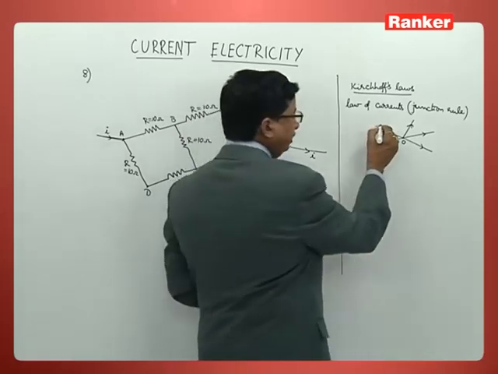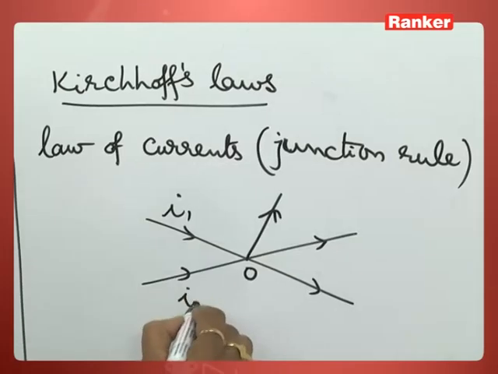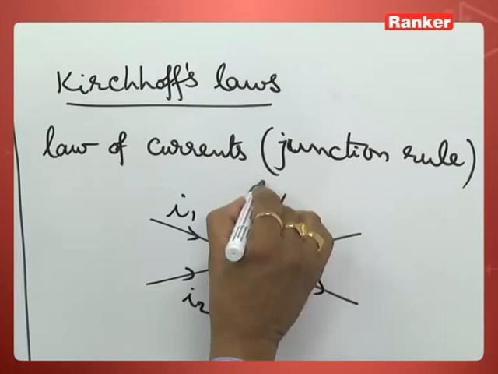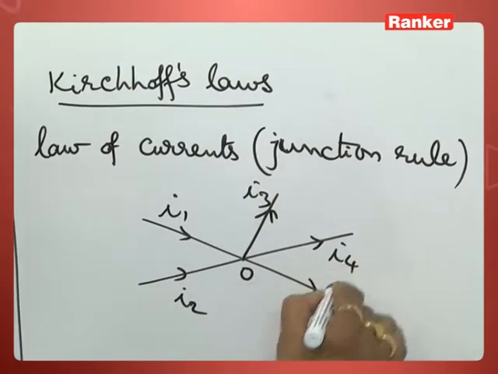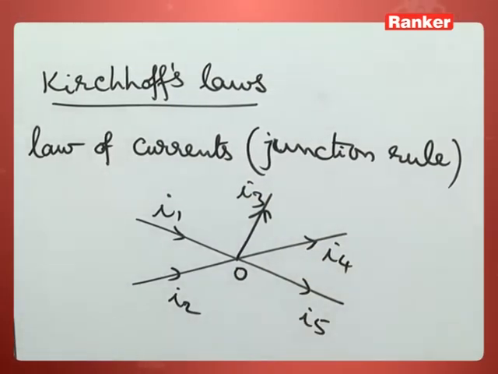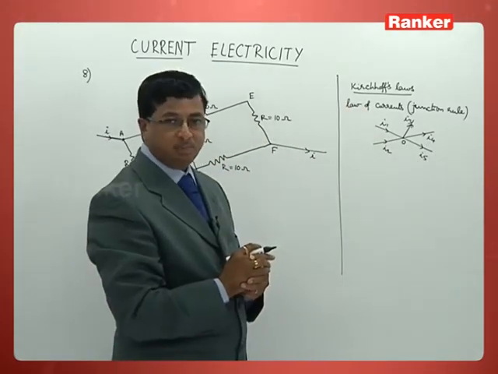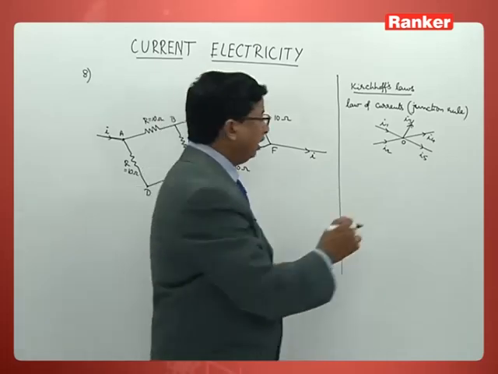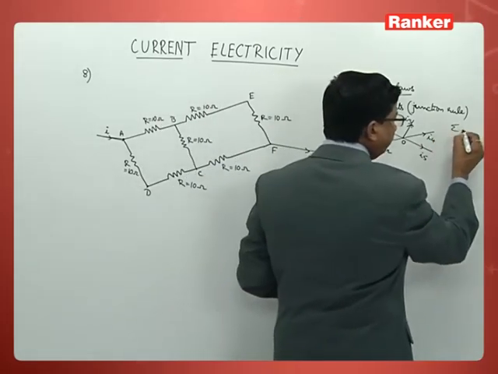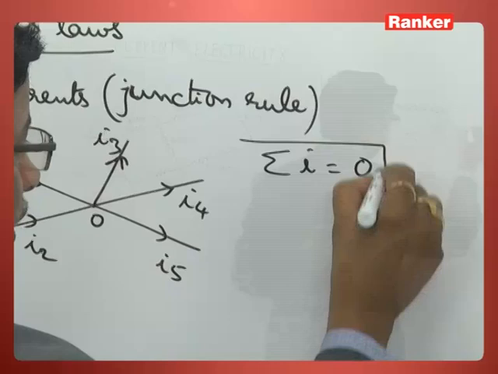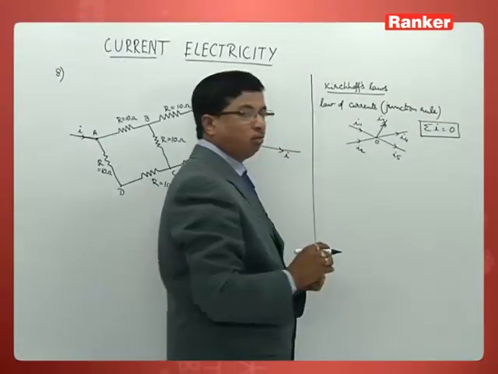If I consider I1 and I2 are reaching O, I3, I4 and I5 are leaving O, then according to Kirchhoff's first statement, that is the junction rule, algebraic sum of currents across any junction in any circuit is equal to 0.